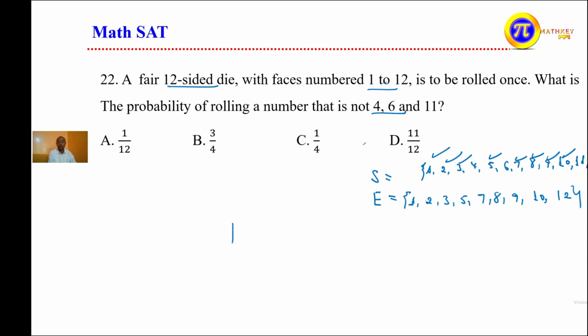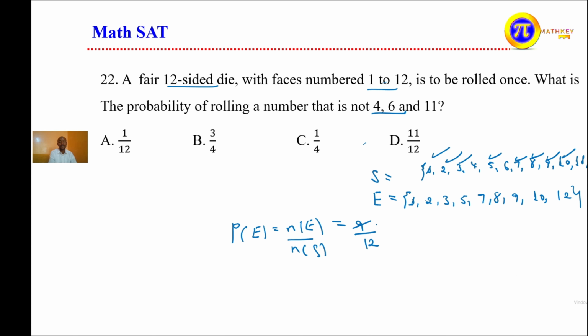So the probability of numbers which are not 4, 6, and 11 equals the number of the event divided by the number of the sample space S. The number of our event is 9, and the number of the sample space is 12.